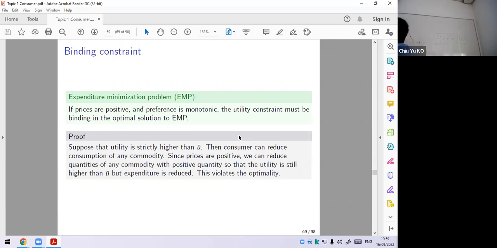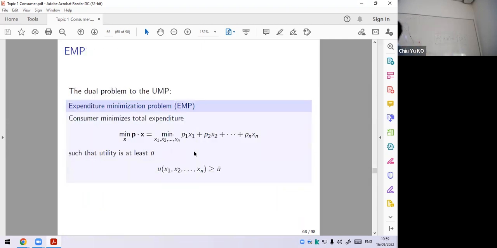The first thing is very simple, and you can think this is reasonable. The price is positive, everything is costly, and preferences are monotonic, the more the better. In that case the utility constraint must be binding. What it means is that the solution cannot be strictly above it. You are not going to spend more to make it strict, because if it is strict you can cut some.